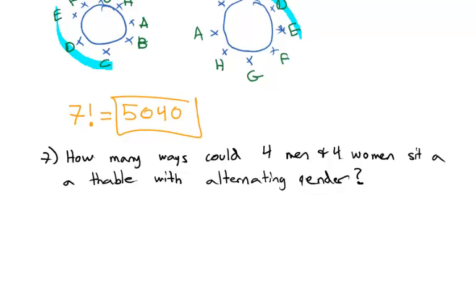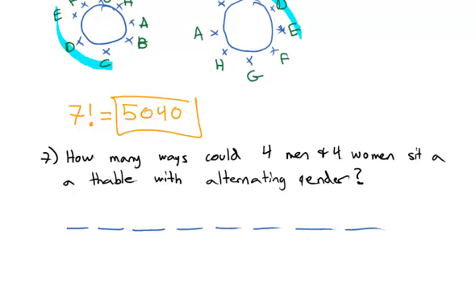Maybe it's a large blind date. We got 4 guys and 4 girls. They're going to sit every other, and they're going to find out who their date is when they sit down. Whatever the case might be. So we're going to do this with factorials, but I want to set it up by looking at the arrangement. There are 8 seats at the table, and it's a round table.